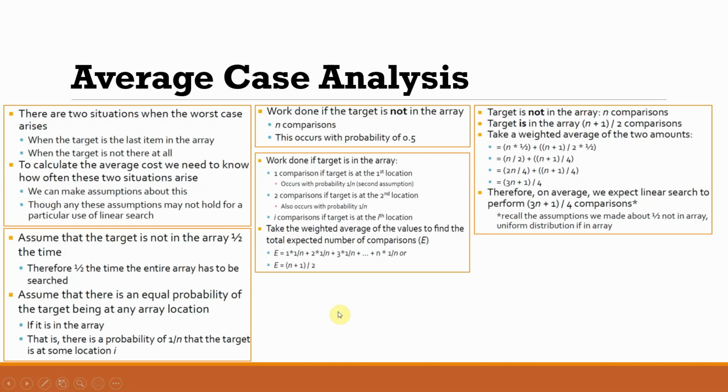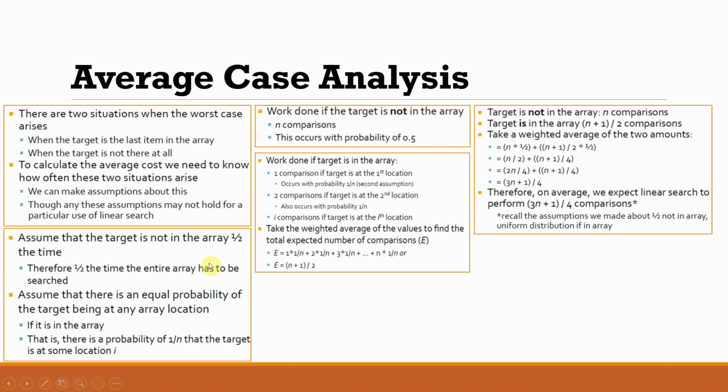So the probability of being at location 0, 1, 2, 3 is all the same. It means that the probability of the target being at a specific location i is going to be 1 over n.